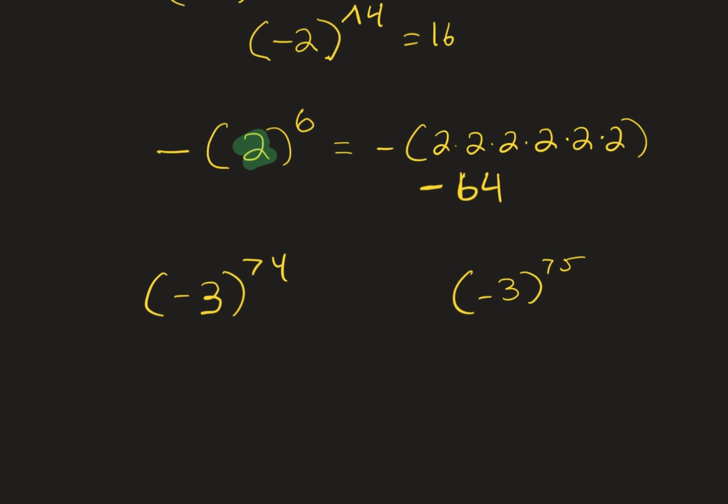All right, second part of today then is doing two rules. The first one we're going to talk about is the product rule for exponents. The product rule of exponents says this: if you have a base to an exponent, so x to the m. In mathematics, product means to multiply.